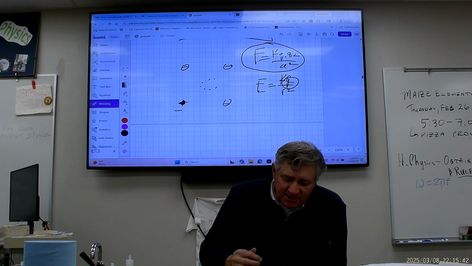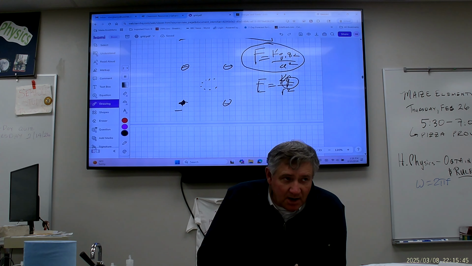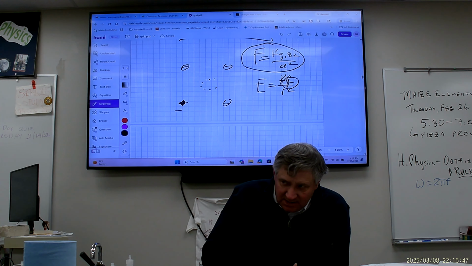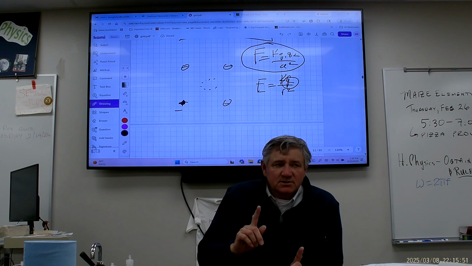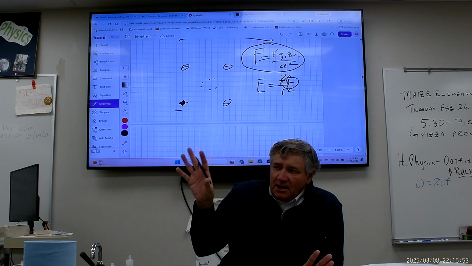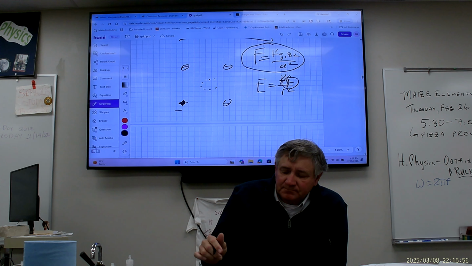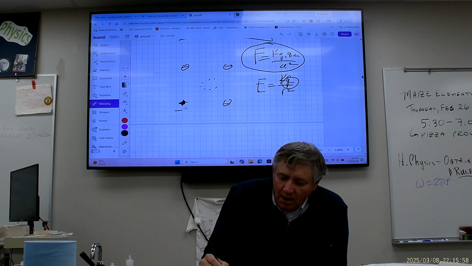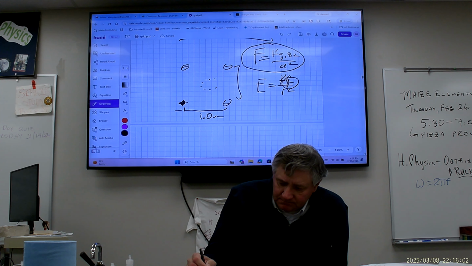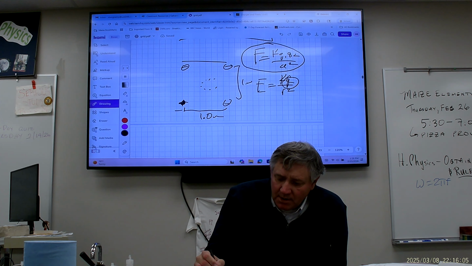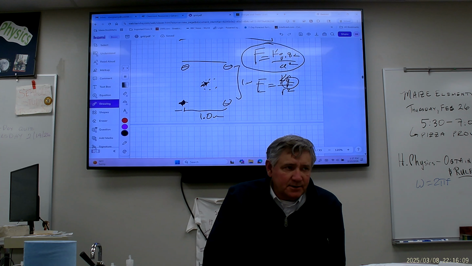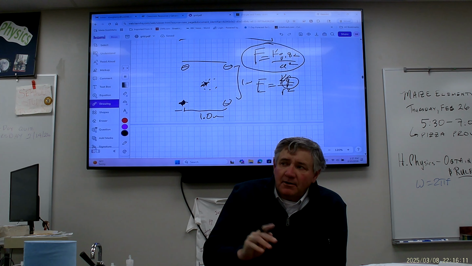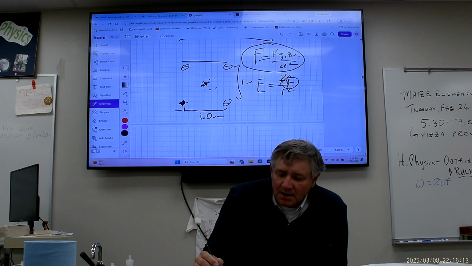Now, think this through. What do you use to determine the direction of an electric field? A positive test charge or a negative test charge? Positive. So all of these are 1 meter apart, and you're trying to find a point right in the middle.